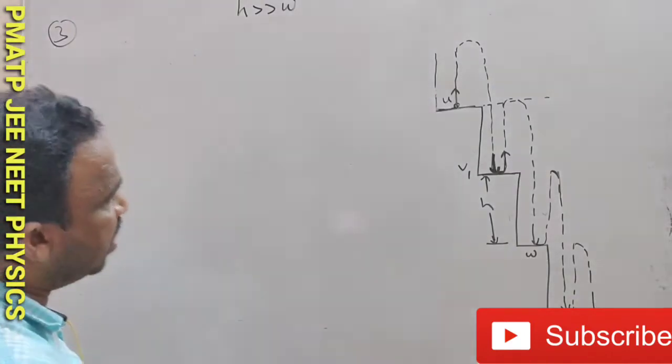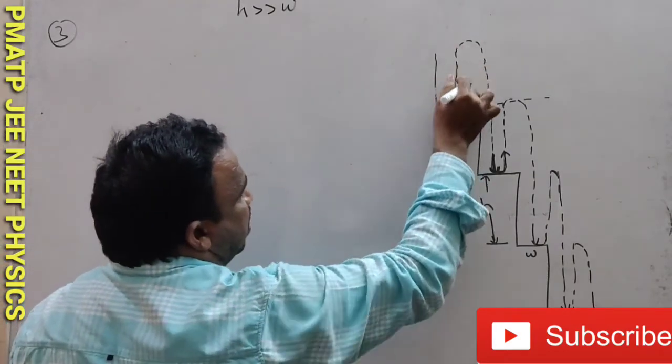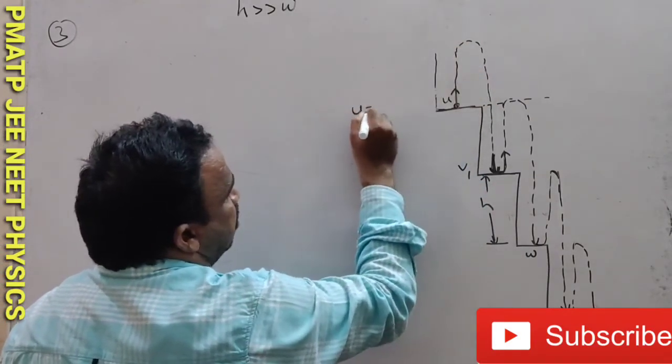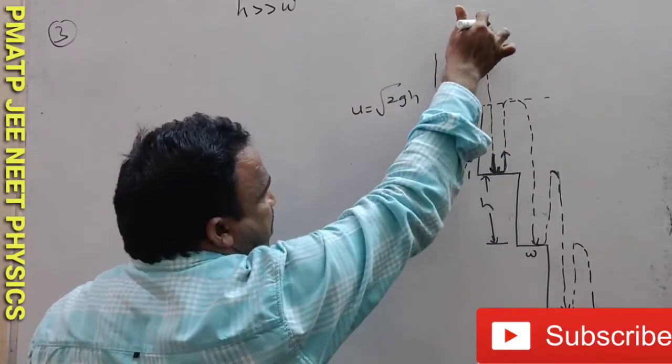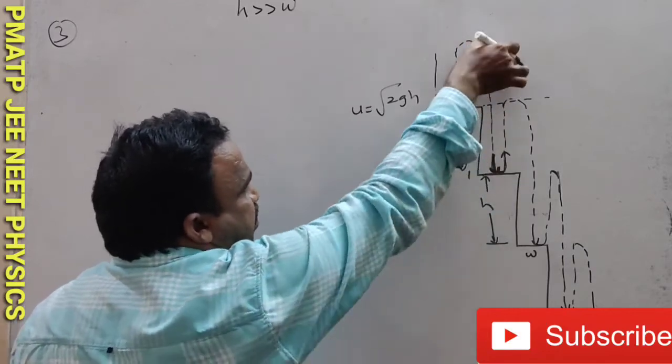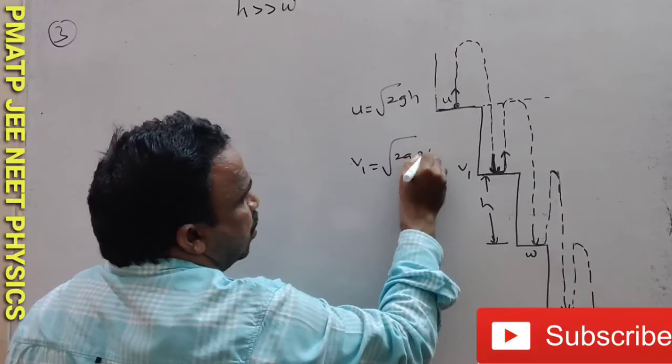Now what is the coefficient of restitution between the ball and the ground? Suppose the ball rises to height h, which means u is equal to root of 2gh. Then it falls through a height of h plus h, that is 2h. So v1 you can write as root of 2g into 2h.